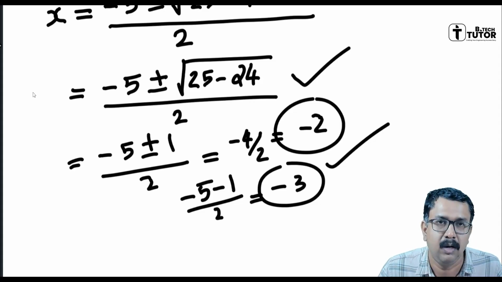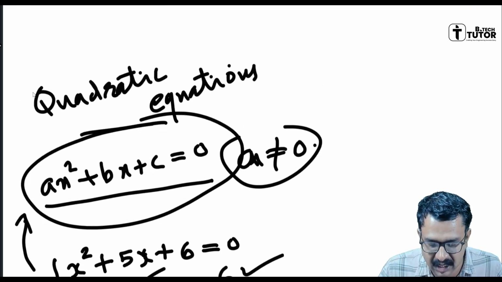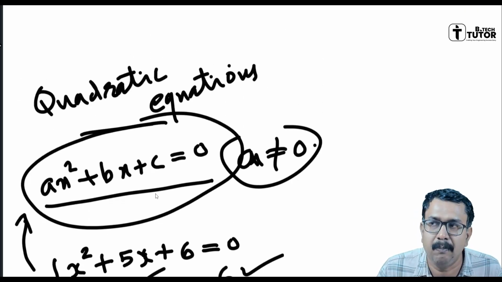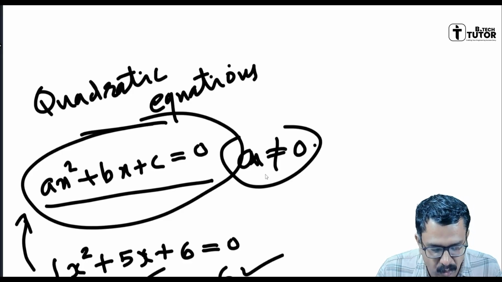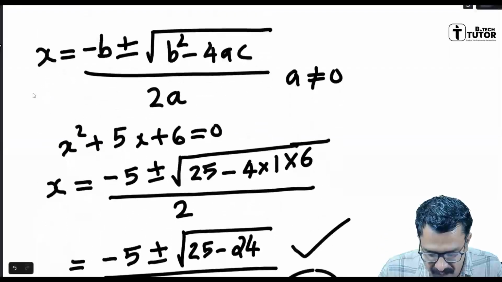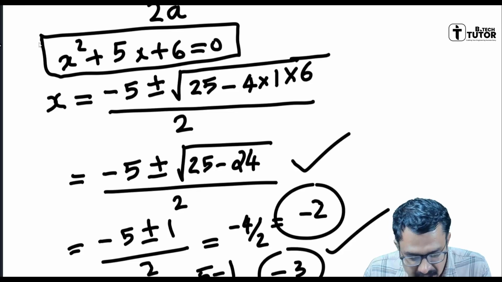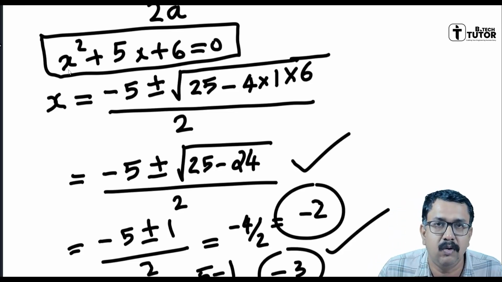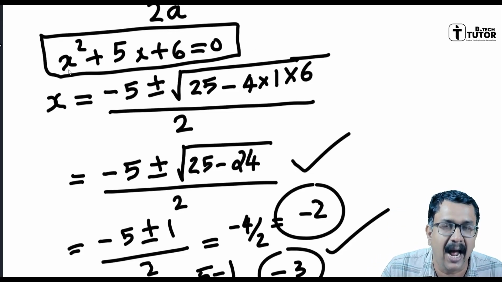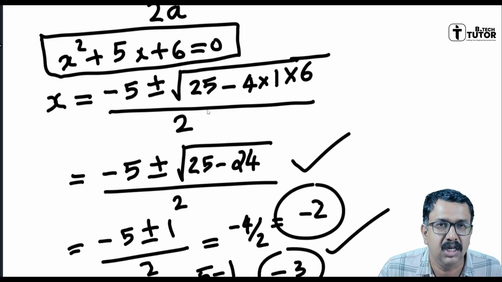Remember that the standard form of a quadratic equation is ax square plus bx plus c equal to 0, a not equal to 0. For example, here we are solving the equation x square plus 5x plus 6 equal to 0. Here a equal to 1, b equal to 5 and c equal to 6. Therefore, x equal to minus 5 plus or minus root 25 minus 24 divided by 2a.